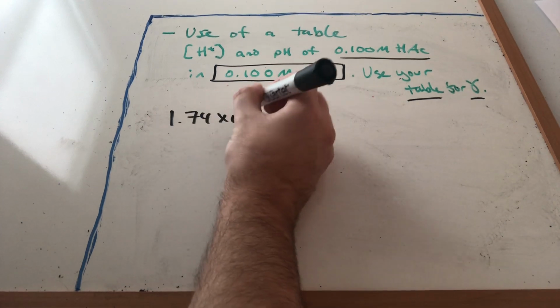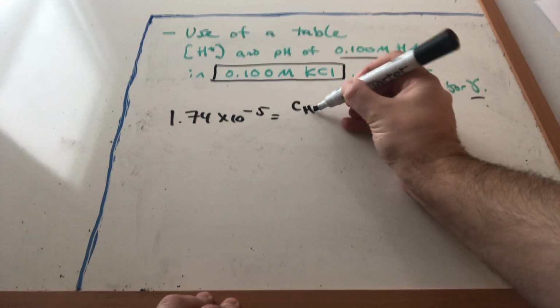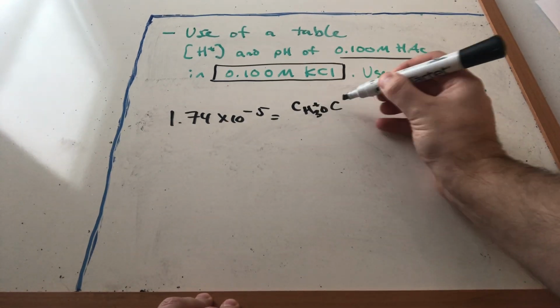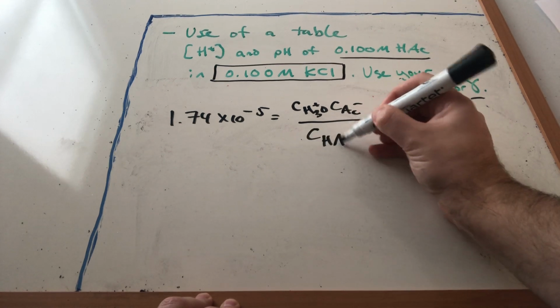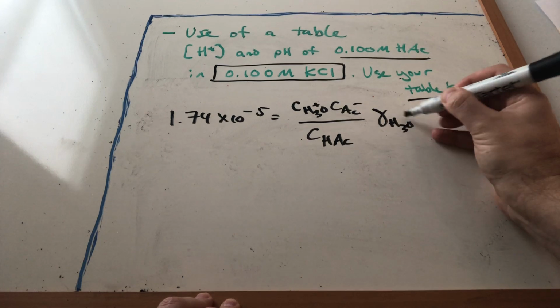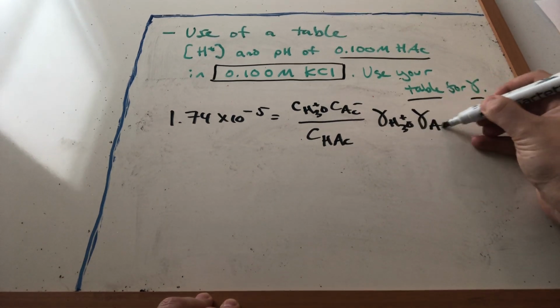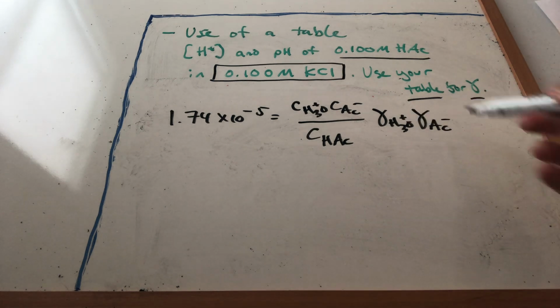1.74 times 10 to the minus 5 looks like my concentration of H3O plus, concentration of Ac minus, over concentration of HAc, times gamma for H3O plus and gamma for Ac minus. Same exact thought process, just different gammas.